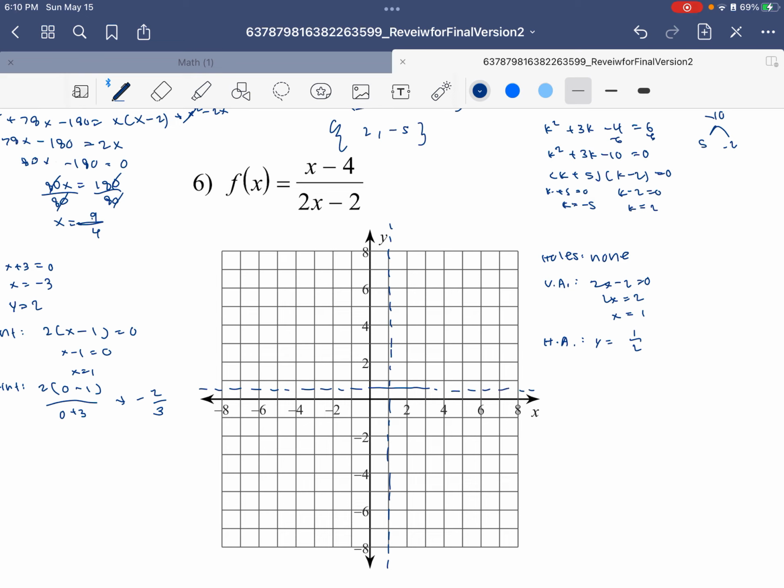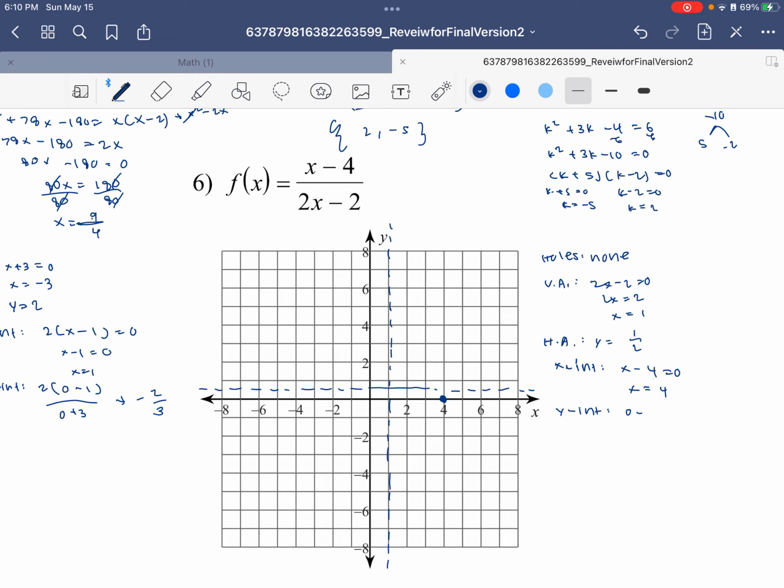Okay, and let's find the x-intercept. So solving for the top, x equals 4. And then the y-intercept is where x is equal to 0.